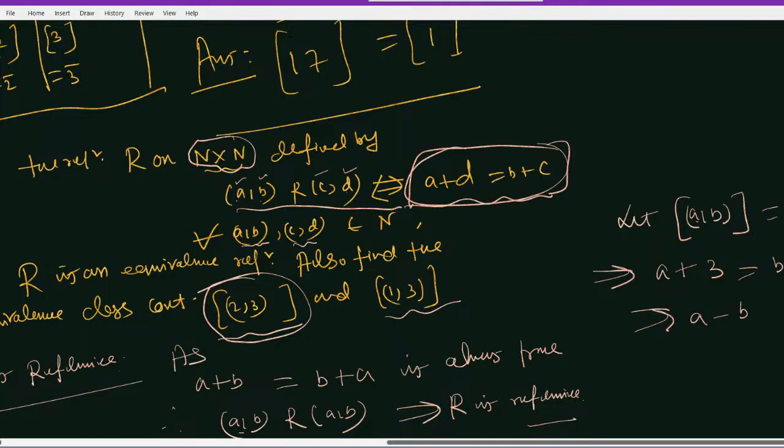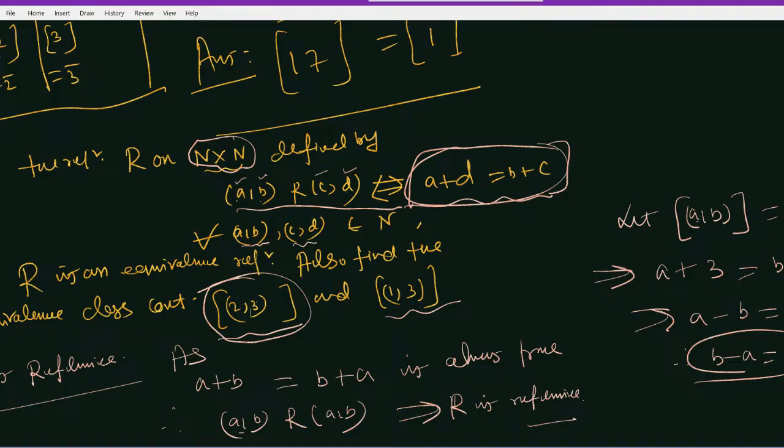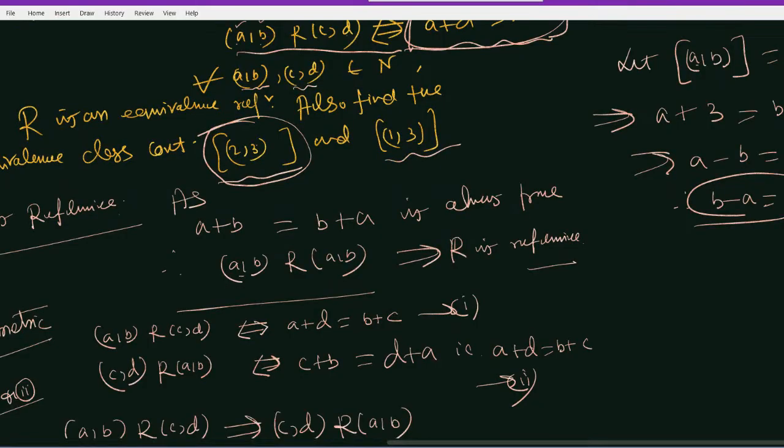This implies A minus B equals 2 minus 3, or B minus A equals 1. Now B minus A equal to 1 will be obeyed by what? Is there only one element? No, many elements. Here B minus A equal to 1 is satisfied because 3 minus 2 is 1. Tell me one more element: 3, 4. Maybe 4, 5. Like that. All those you need to write here.